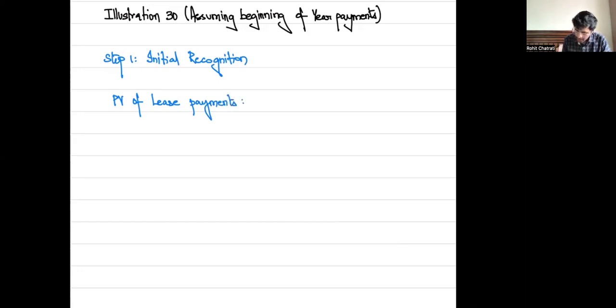I will be plotting down the cash flows, which is year, cash flow, present value factor at 12%, and then discounted cash flow. Now, the first year lease payment is going to be made at the beginning of year one. Beginning of year one is actually equal to 0. So the year will be 0 and lease payment is being made for year one.